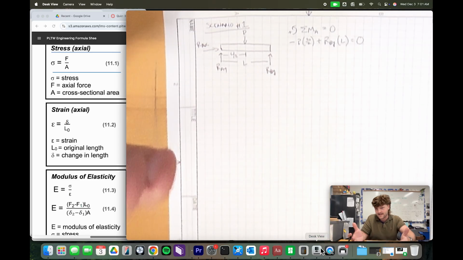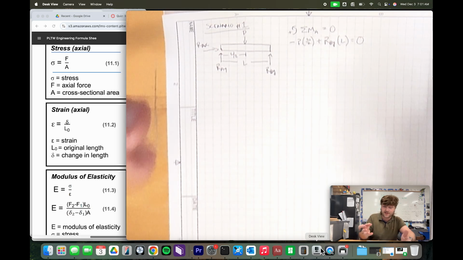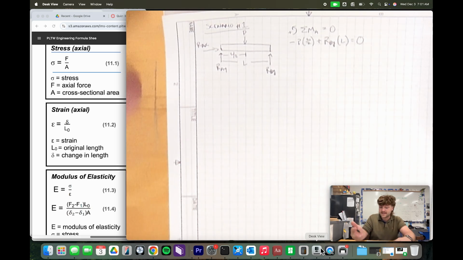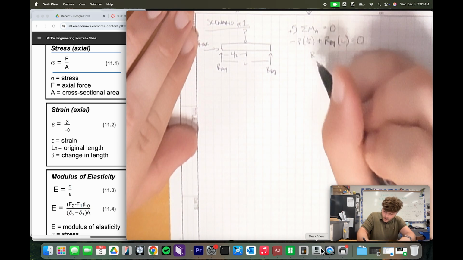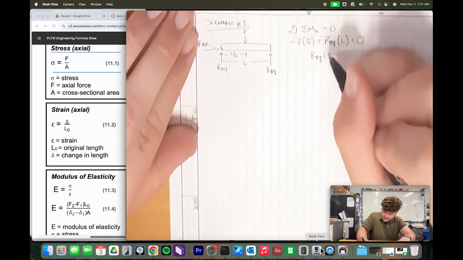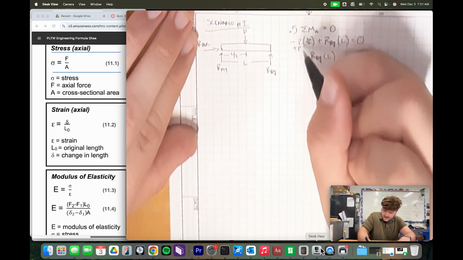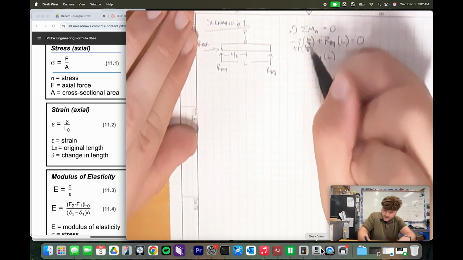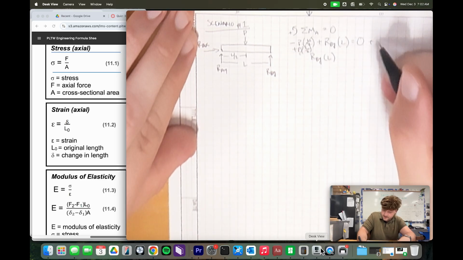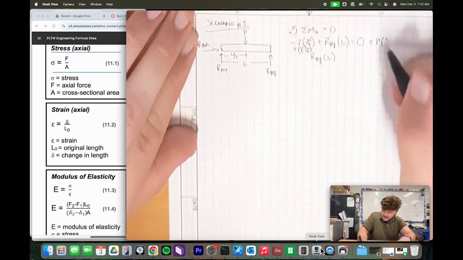What the formula sheet says is that RBY is simply RB. But anyways, what I can do here is add P times L divided by 2 to the other side, so that'll cancel. So I got P times L divided by 2.